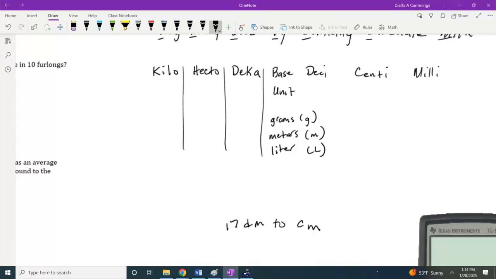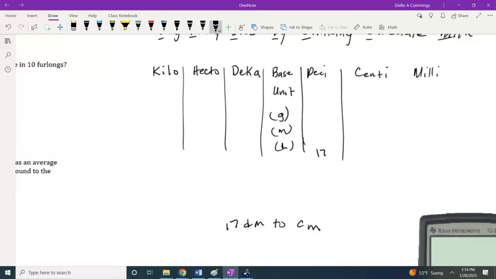So let me just separate this out a little bit. And this is deci. So there's grams, meters, and liters. So 17 decimeters is going to be right here, right? So this is 17 decimeters.